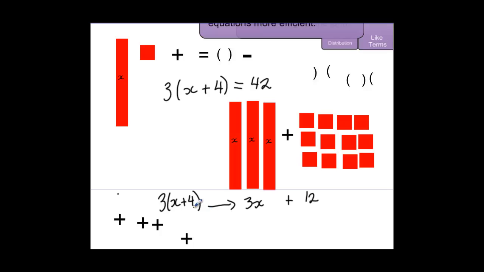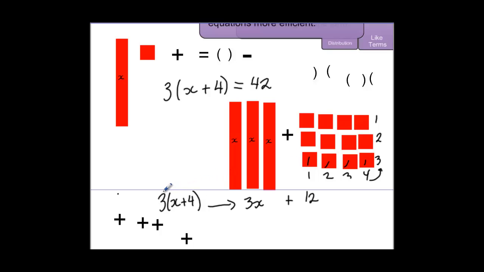Well, I want to start by looking at the numbers first. So we have a 3 and a 4. A 3 and a 4 somehow has to go together to make 12. Well, I think I have 1, 2, 3 groups of 1, 2, 3, 4. Can you see how you can get 12 in total?